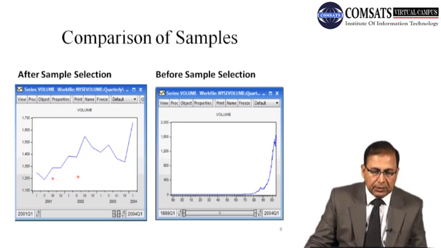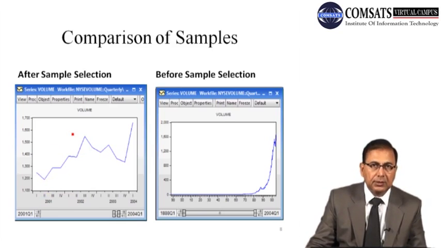But this is very simple. The left-hand side graph is very simple to understand. It is divided into 4 years, and there are 4 quarters for each year, and one can easily understand what happened in each quarter of the year.